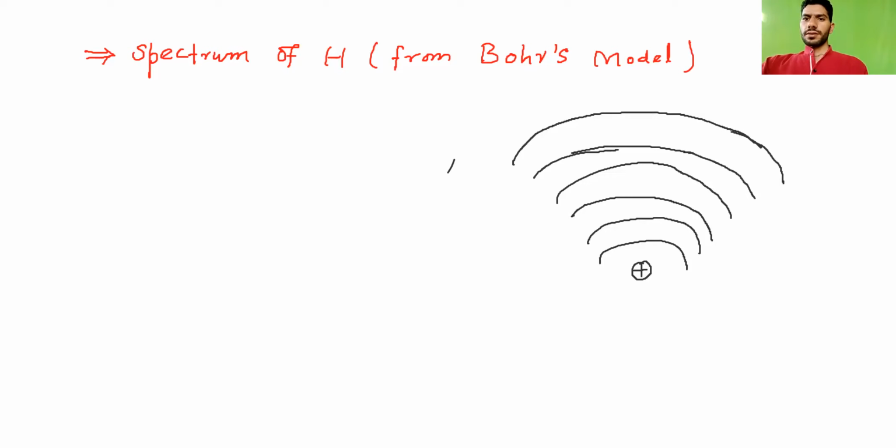Now we know that when an electron absorbs the energy, it gets excited. It jumps from a lower energy level to a higher energy level, isn't it? For example, let's say we have an electron in this K shell. So this is your K, then L, M, N, then O energy level, then P, and then Q.